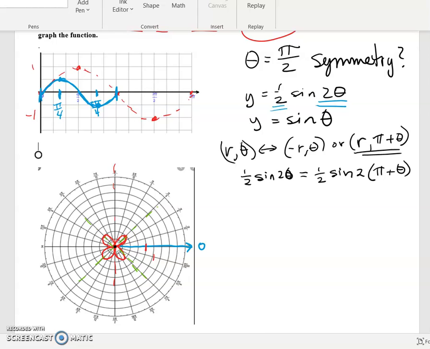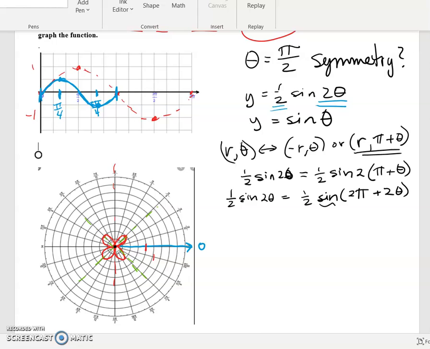So if you all remember proving identities, that's what we're doing here. This is an identity, and some of you guys are probably freaking out, but this is a good one. On the left side, we really can't do anything else, so I'm going to leave that as 1/2 sine of 2 theta. On the right side, we're going to distribute the 2 and get 2 pi plus 2 theta.